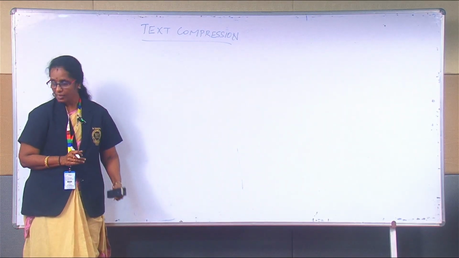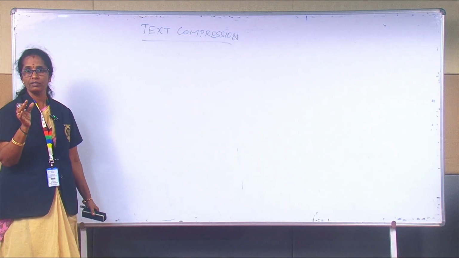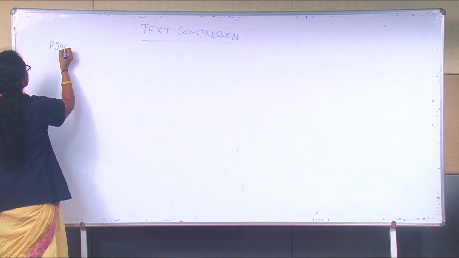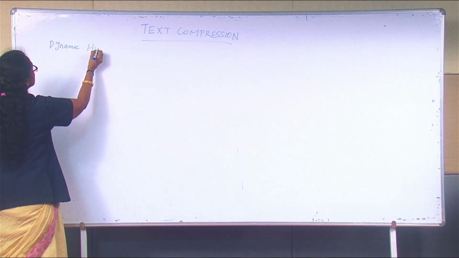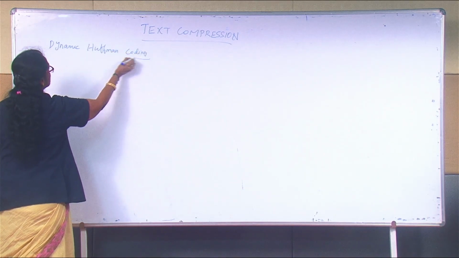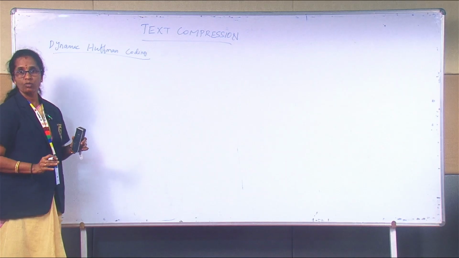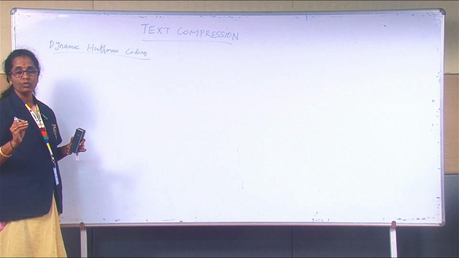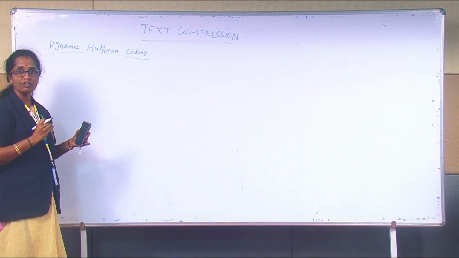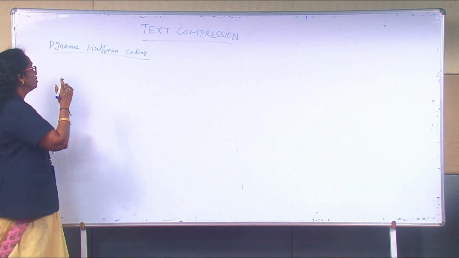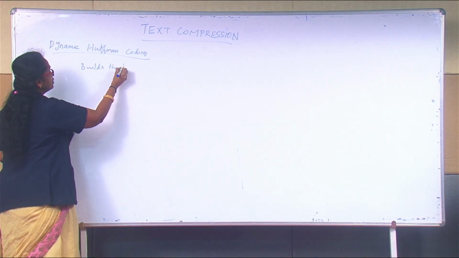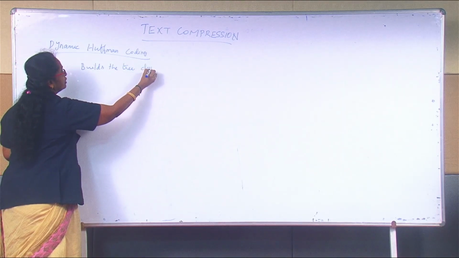Now we are going to see the dynamic HUFFMAN coding. In dynamic HUFFMAN coding, the encoder and the decoder build the tree dynamically, and it doesn't have the complete knowledge of the characters in the string.